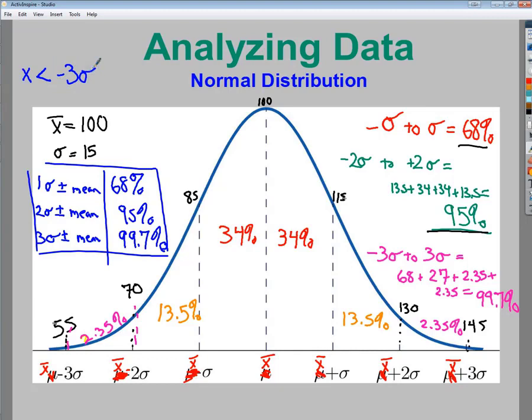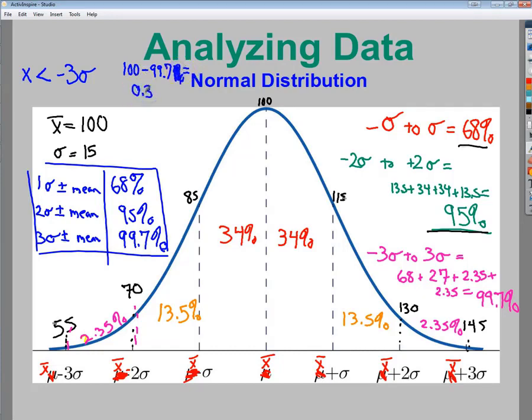So what I need to do is take all of the data that's above that number and just subtract it. Well, I know that all the data that falls between here and here would be 99.7. So I'm going to take 100%, and I'm going to subtract 99.7%, and I'm going to end up with 0.3.